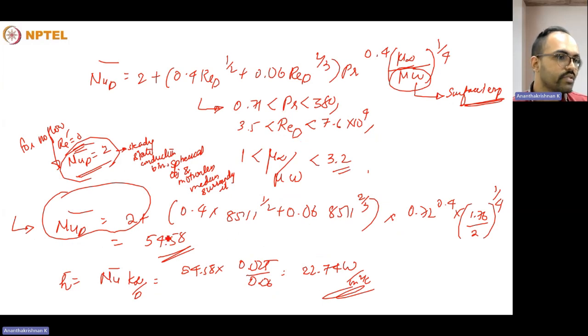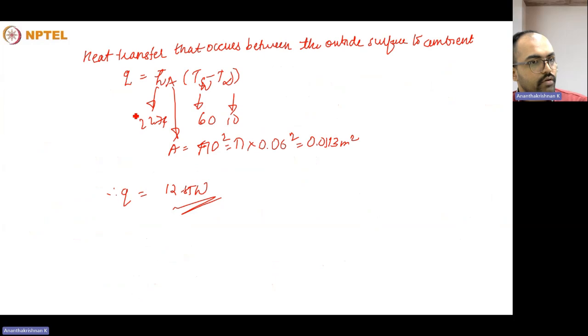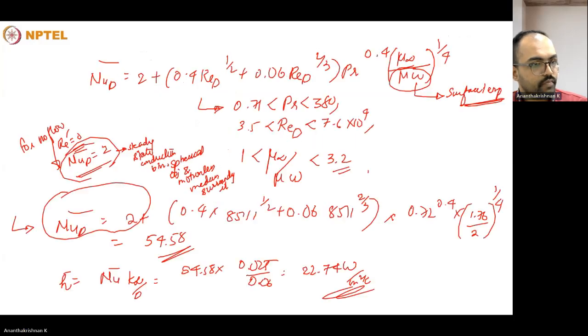So if our Reynolds number falls within this range, this is valid, and we can use it straight away without checking whether this is laminar or turbulent. And the heat transfer between the surface and the ambient is in the range of 10 watts, somewhere around that.